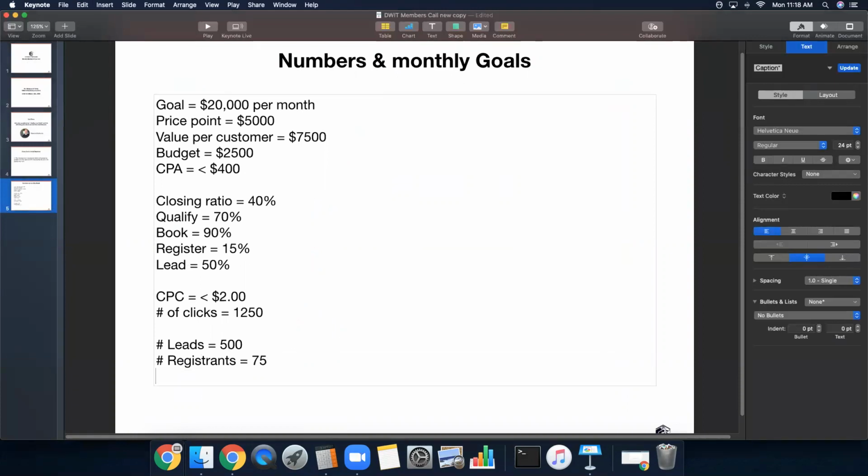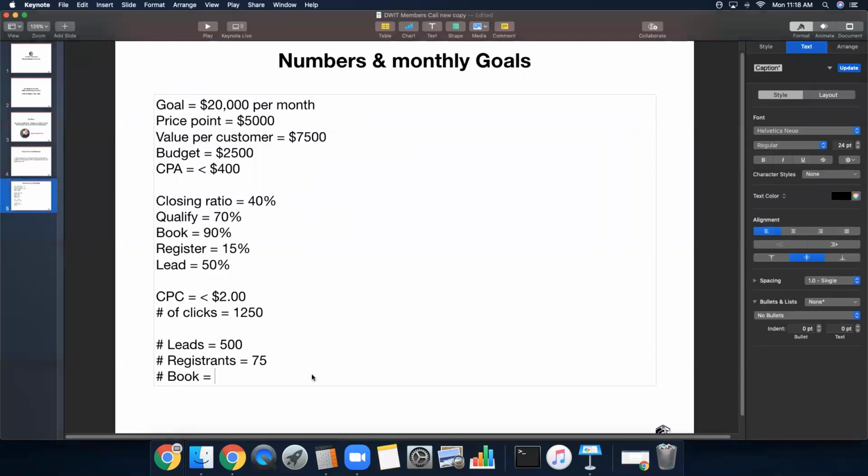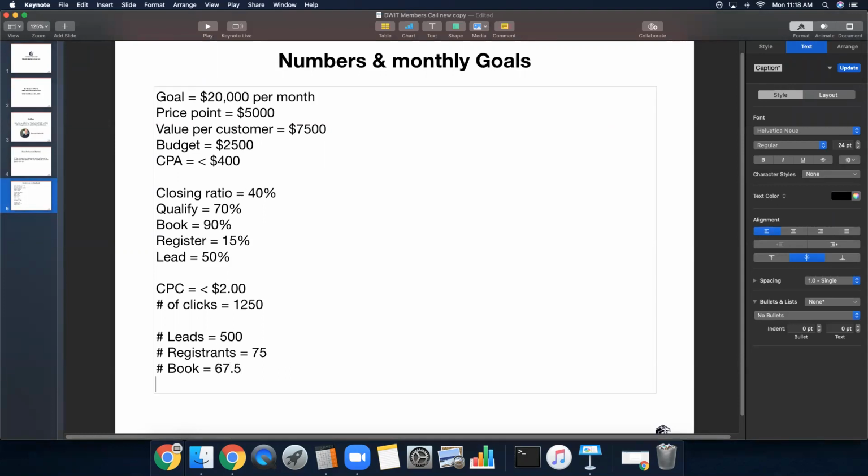Now we're going to look at how many of them book. So number of booking, and that now is at 90%. So we're going to take 75 times 90%, 67.5. And now we're going to say our number qualify, and that is going to be 70%.